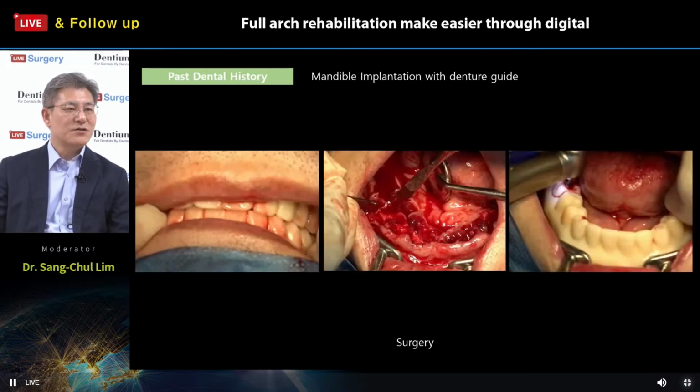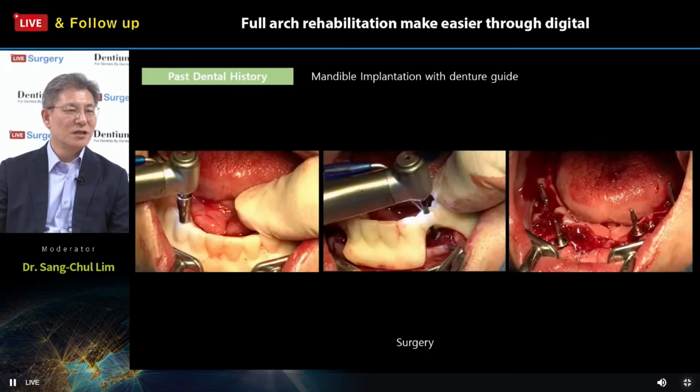And in this patient, we extracted all the teeth of the upper and lower jaws. In the lower jaw, immediate implantation was performed, and in the upper area, implantation was performed 1 week later. Okay, the lower jaw situation is like here.